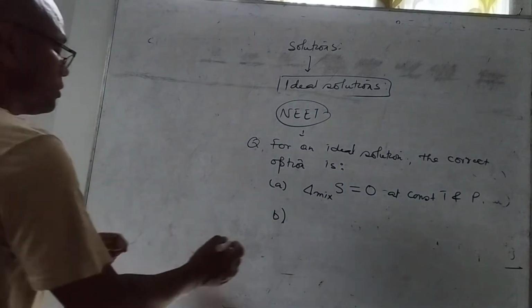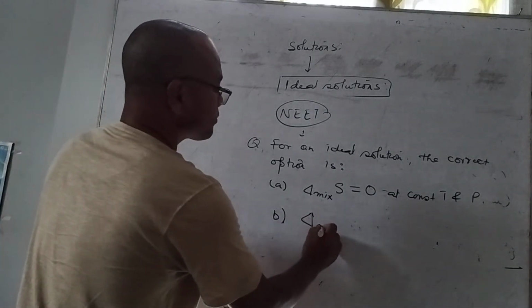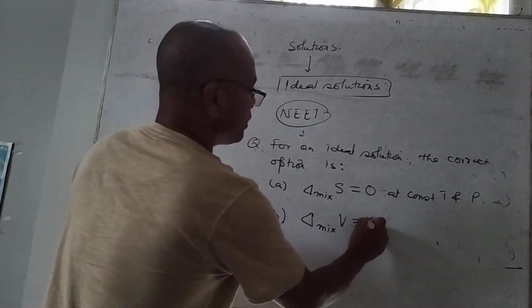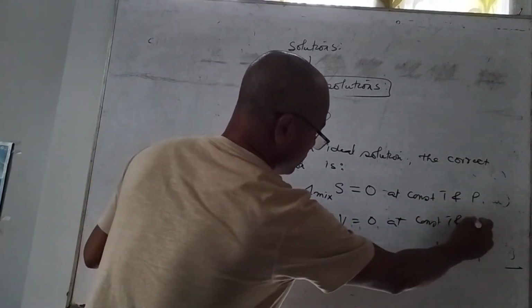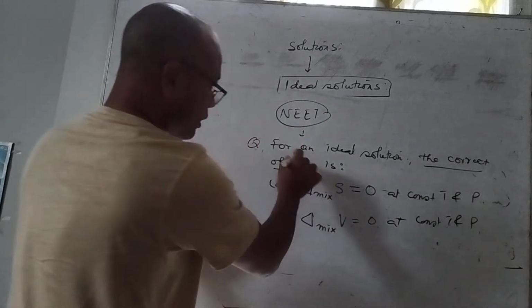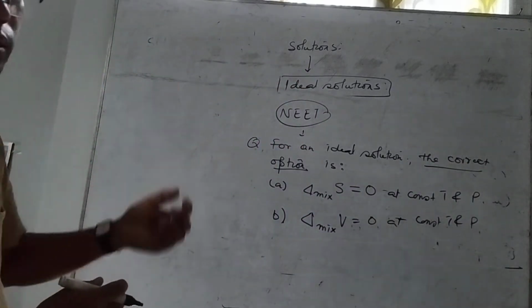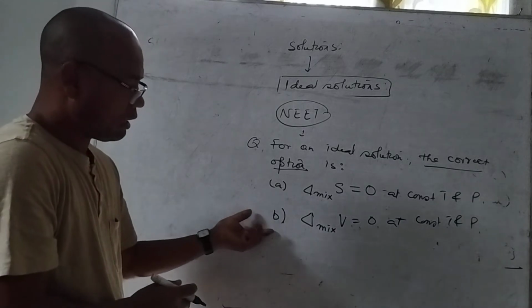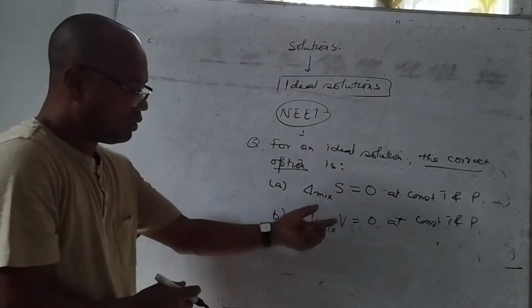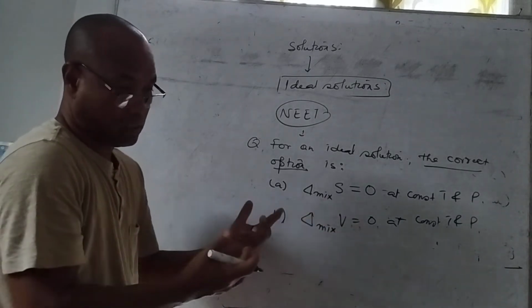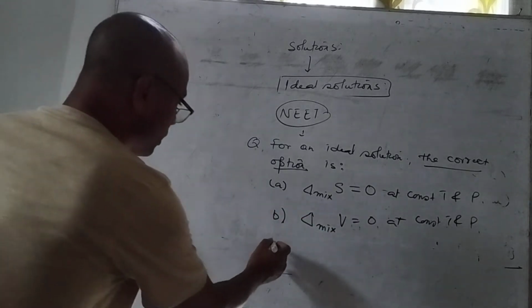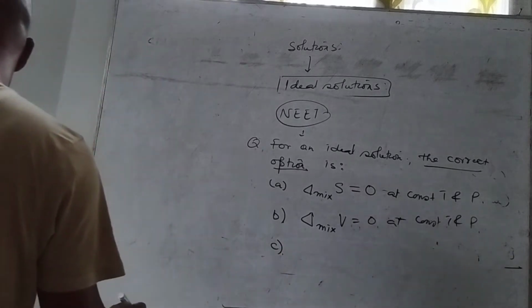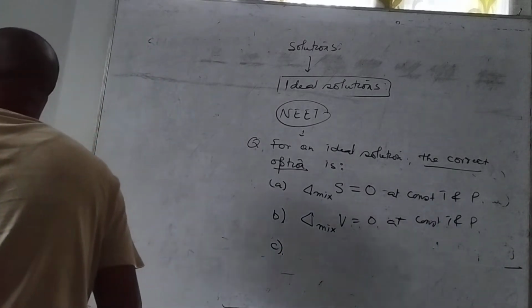The second one. We are going to find our correct option. As I explained, this is the change in volume of mixing equal to 0. Yes, I know that you know it. The answer is this one, right? But what are the other options given here?